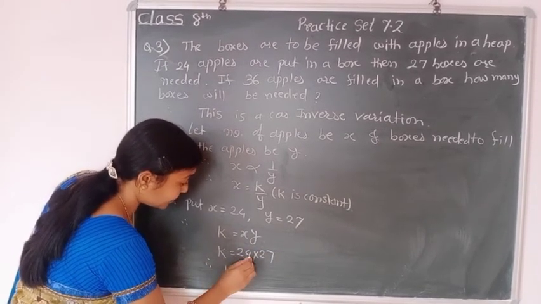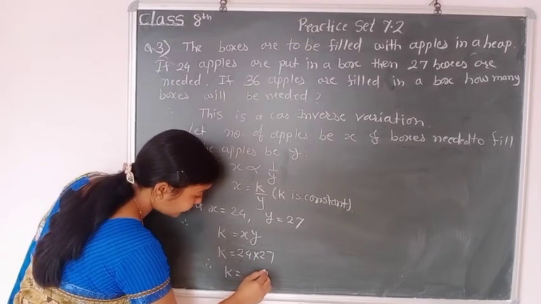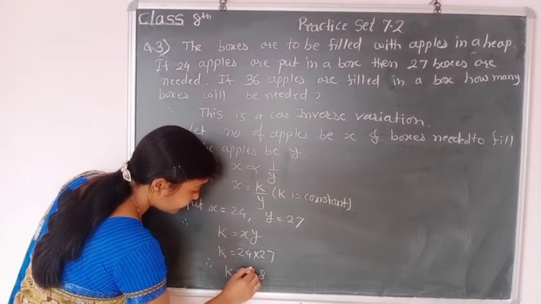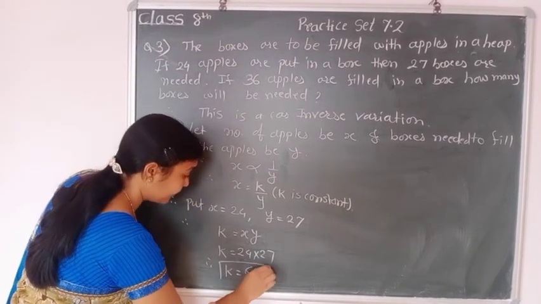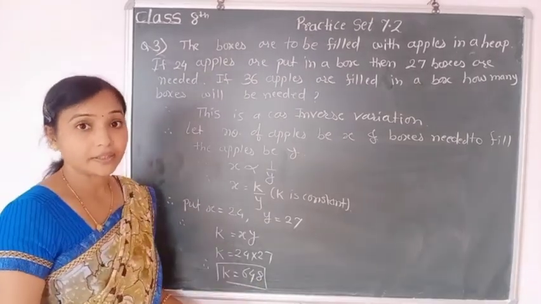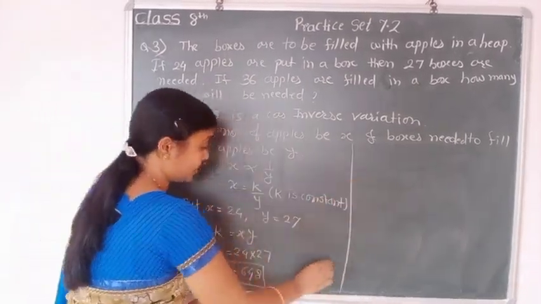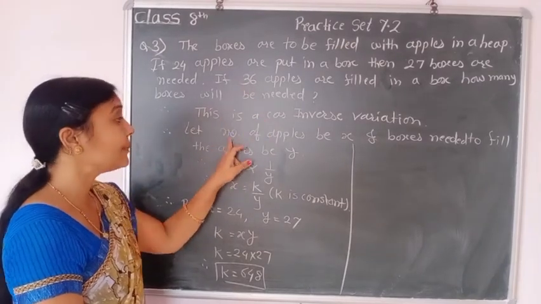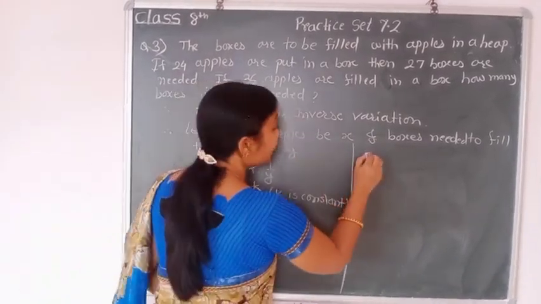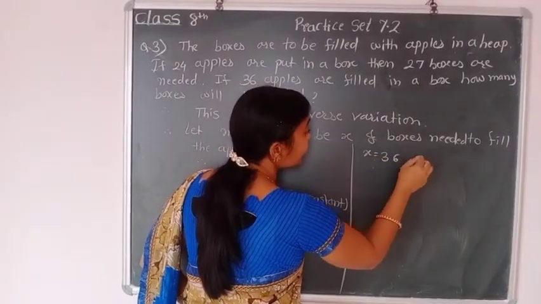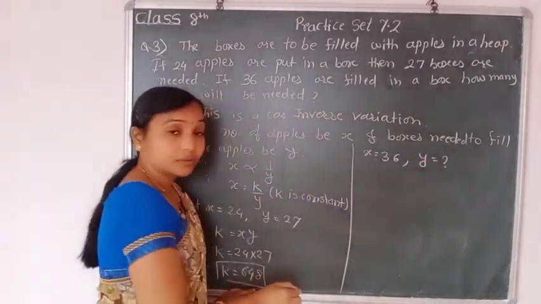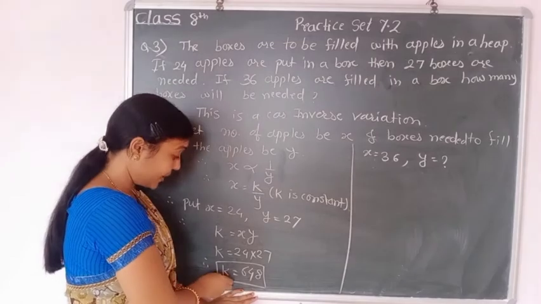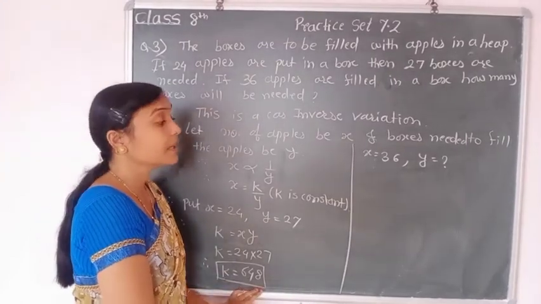Therefore k is equal to 648. This is the constant of variation. Now, if the number of apples we take is x equal to 36, we have to find out the boxes, and we know the constant of variation is 648.